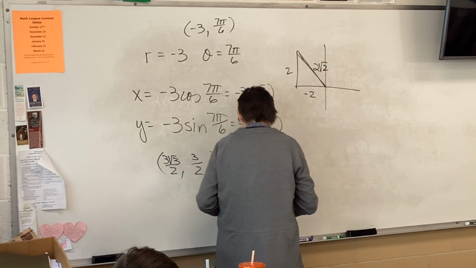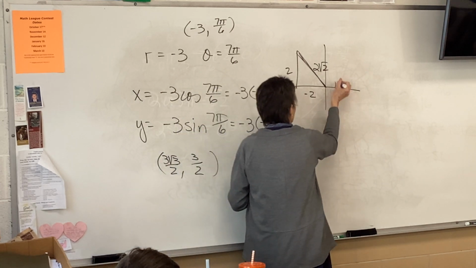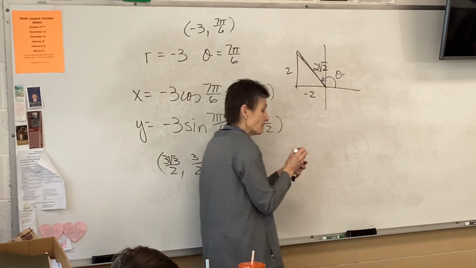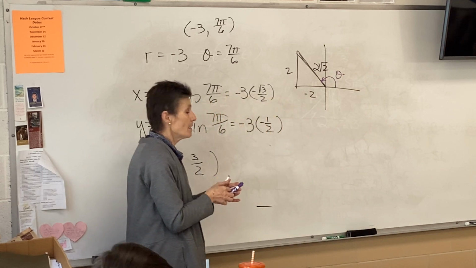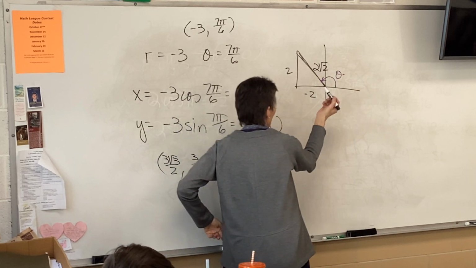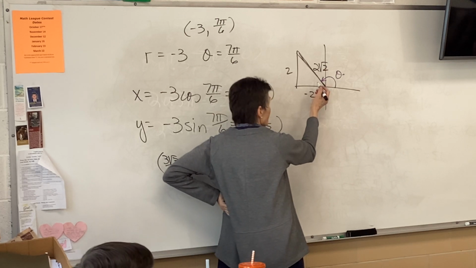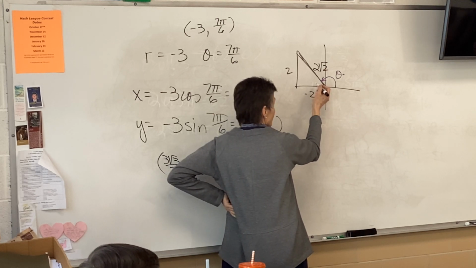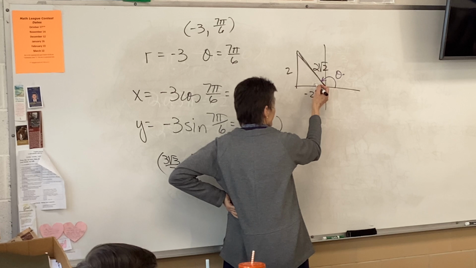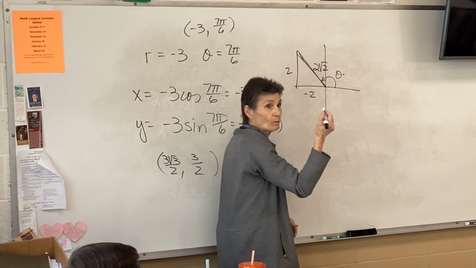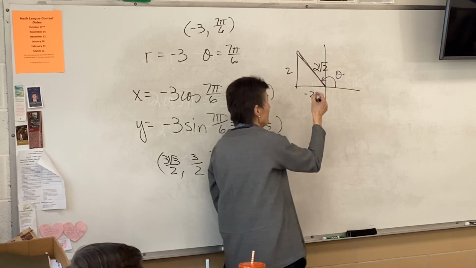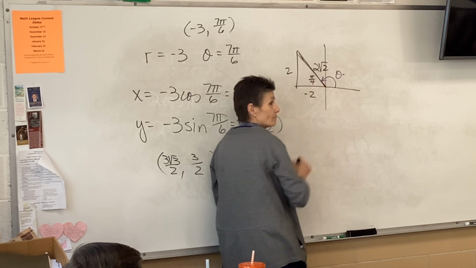Now, this is theta. All right, theta must be in standard position. You can tell, I hope, what this angle is. What angle is this? 45 degrees, we're in radians though, so we'll say pi over 4.